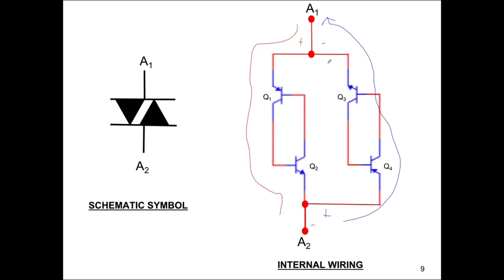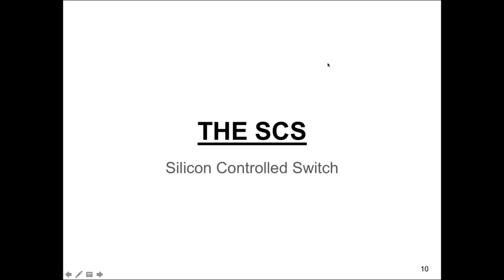So sometimes the Diac is used as a trigger device to provide a nice sharp gate pulse to the SCR or the TRIAC, or it can be used on its own as a back-to-back 4-layer diode.